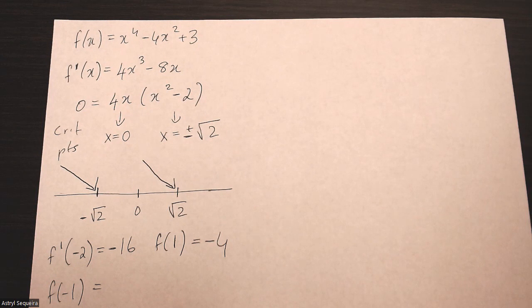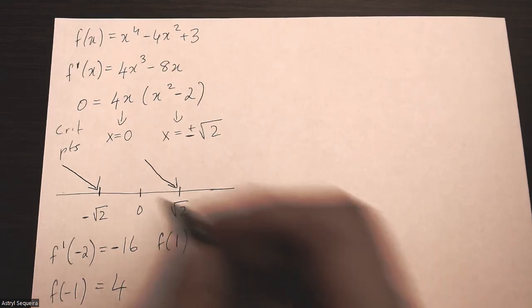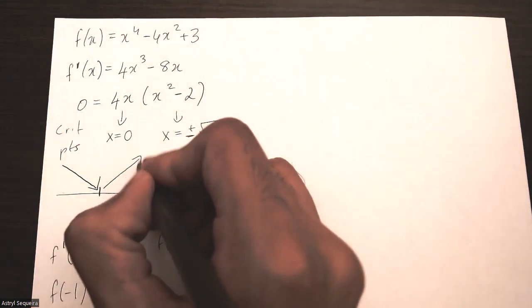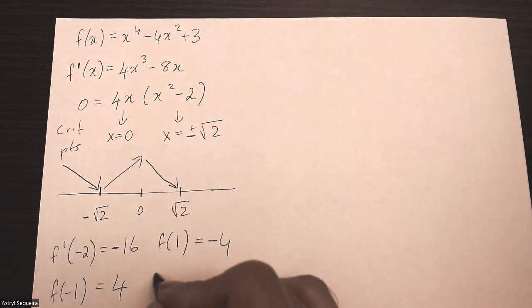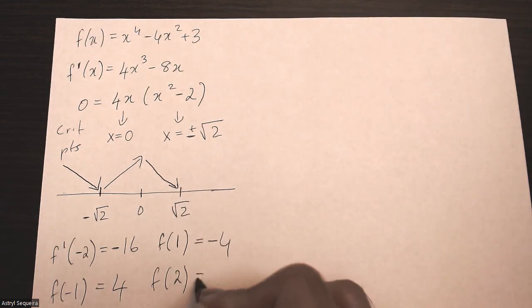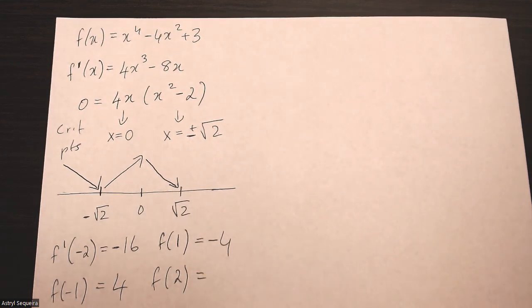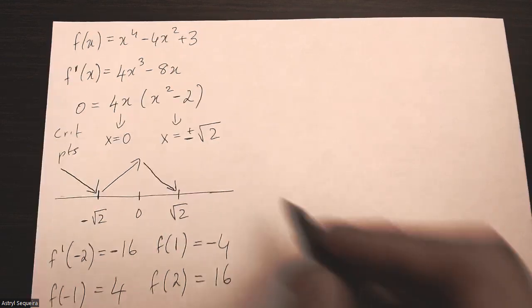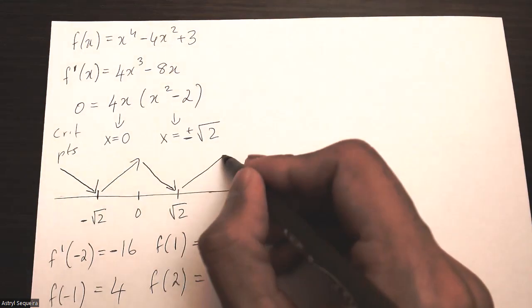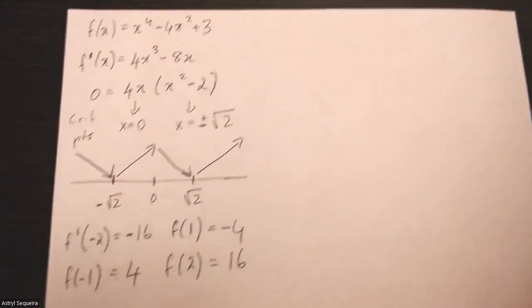And if I do this in my calculator, I will get positive 4, which means it's increasing here because it's a positive value. And for the last range, I'll test positive 2. I think I'll probably just end up with positive 16 or some kind of positive value. Yep, positive 16. Since it's a positive value, it's increasing.